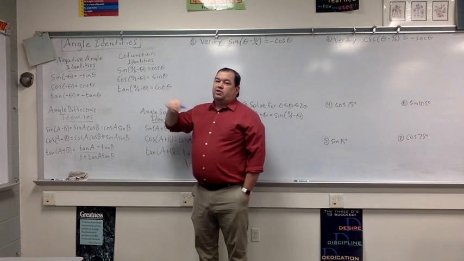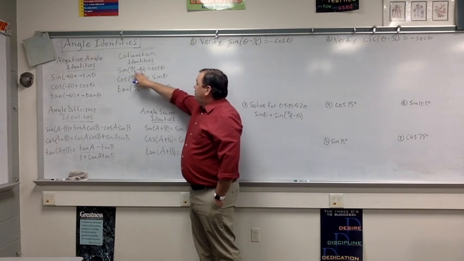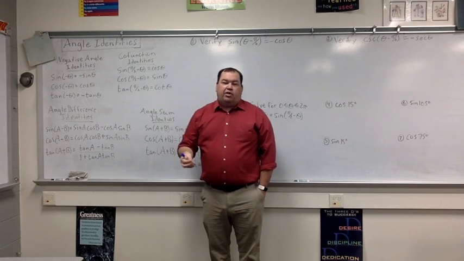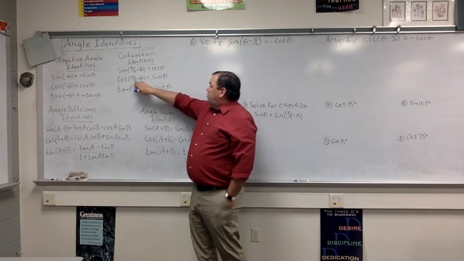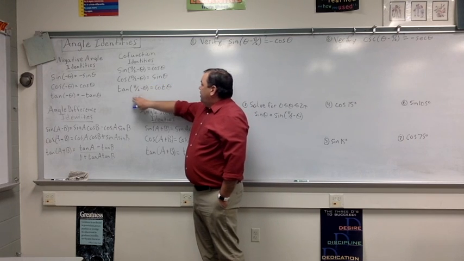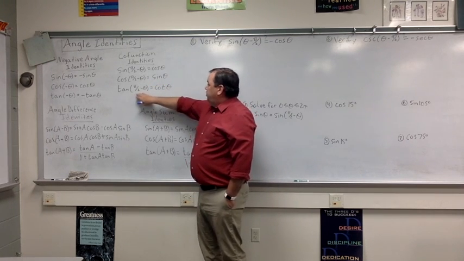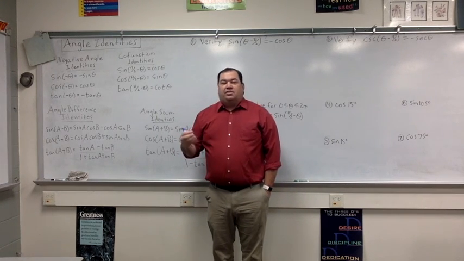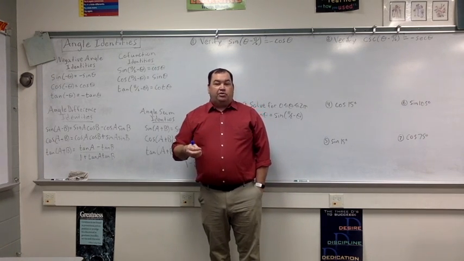So this cofunction identity says the sine of 60 degrees and the cosine of 30 degrees are the same thing. It says the same thing for cosine and sine here, and it has a similar relationship here for tangent and cotangent. And it applies to all the angles, not just the ones that are on my unit circle.